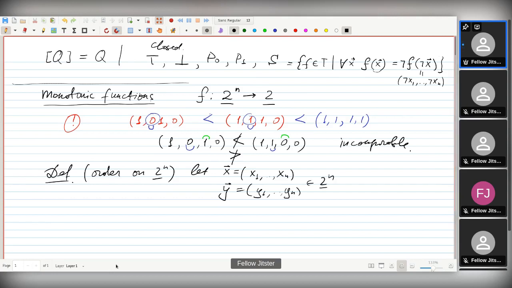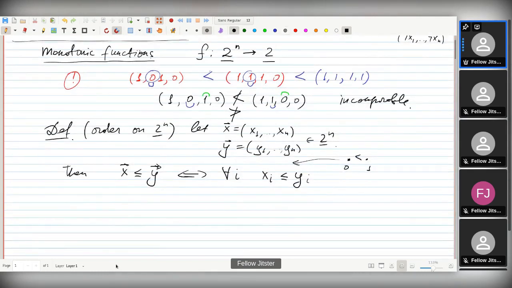Then by definition, x is less or equal than y if and only if at every coordinate xi is less or equal than yi, where this order is just our natural order on the set of naturals, or its subset, where 0 is less than 1. This is exactly what we have.